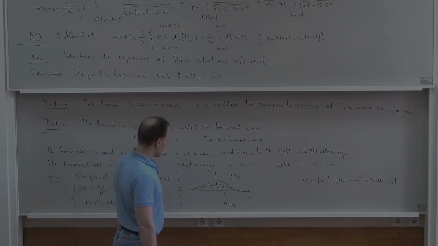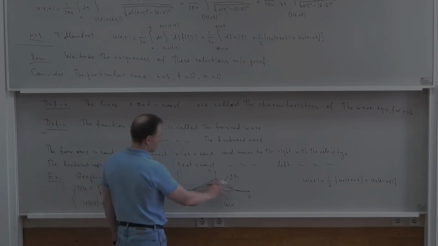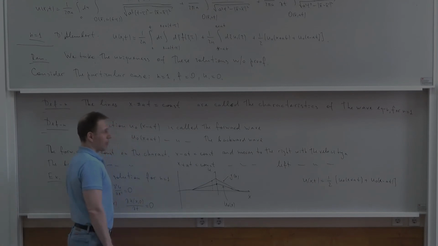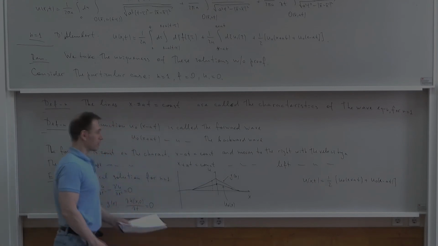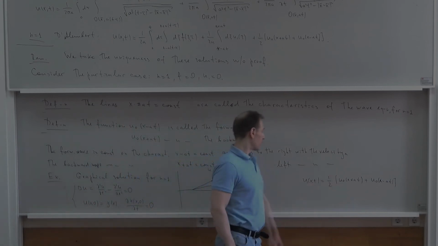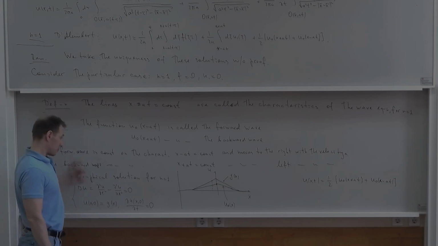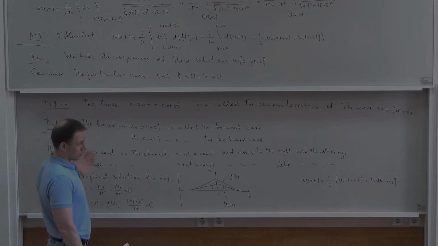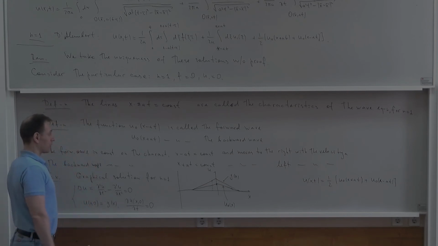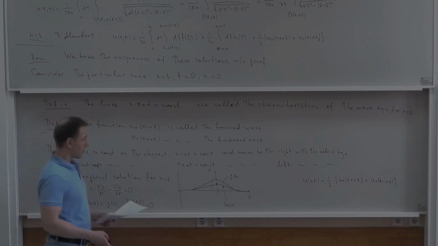And then this profile moves to the right and to the left in accordance with this formula. As for the wave that moves to the right, it is a forward wave, and as for the wave that moves to the left, it is a backward wave.